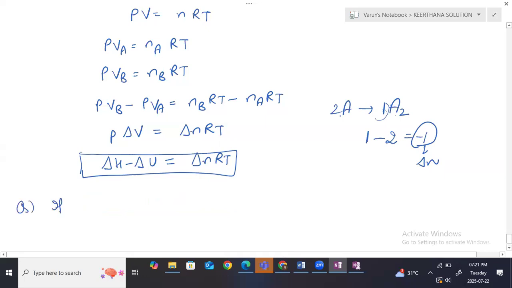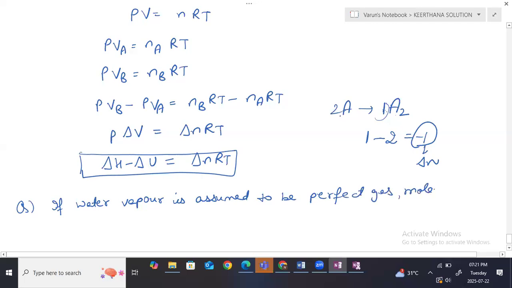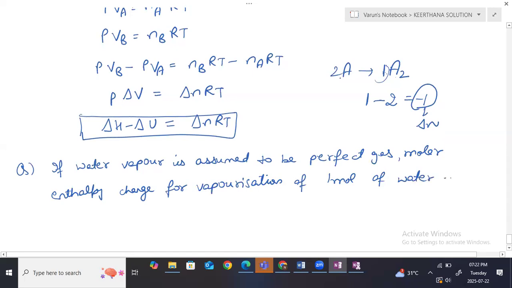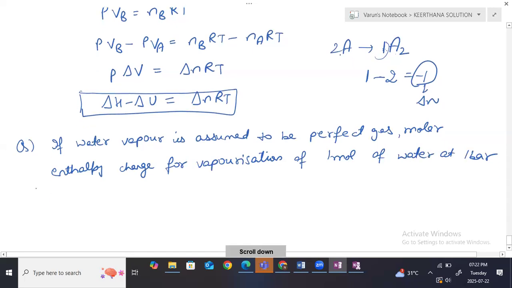Now I am giving you a question, just try to solve it. If water vapor is assumed to be a perfect gas, the molar enthalpy change for vaporization of 1 mole of water at 1 bar and 100 degrees Celsius is 41 kilojoule per mole.